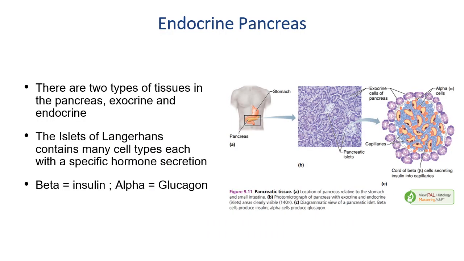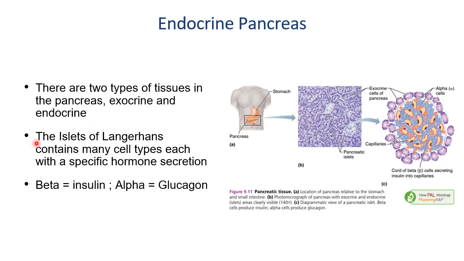Let's now go into the endocrine pancreas. So the pancreas has two functions: an exocrine function, which causes the release of digestive enzymes into the small intestines for food digestion, and it also has an endocrine function, which, in response to the presence of food, releases hormones into the blood to prepare the cells of the body towards food metabolism.